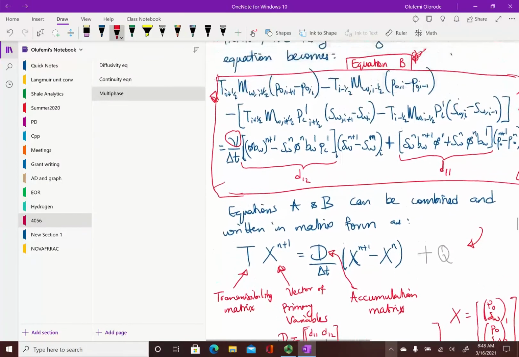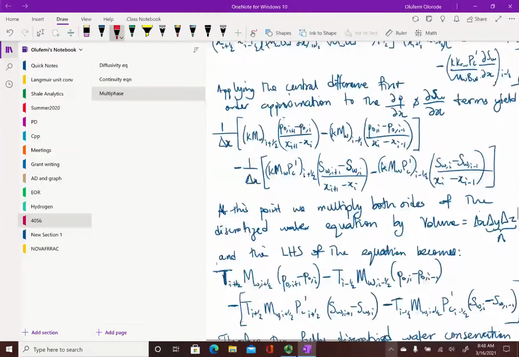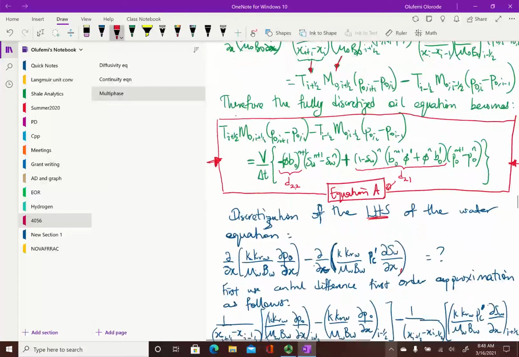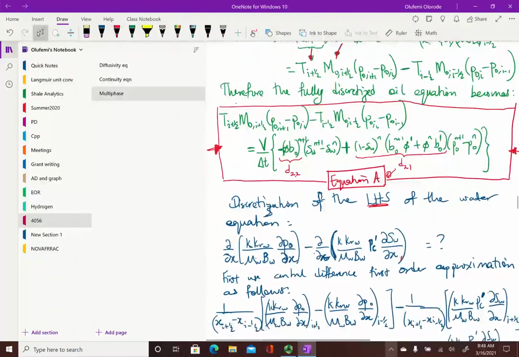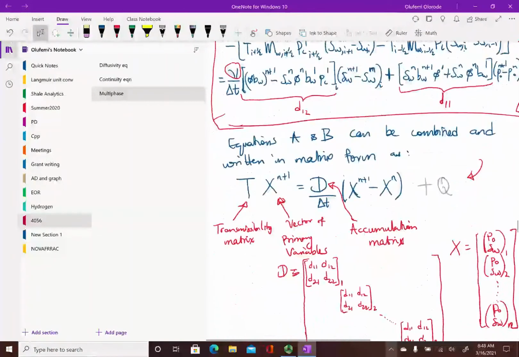And equation B, you can look at it right now, and equation A are the 2 equations to be solved. And we're going to be solving for pressure in the oil phase and water saturation. So those 2 equations can be combined and written in matrix form as shown here.